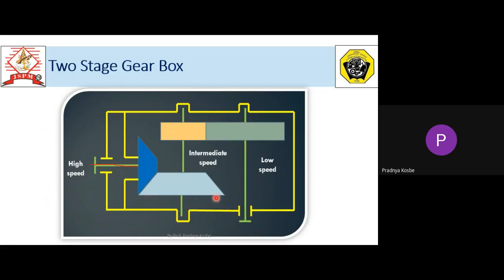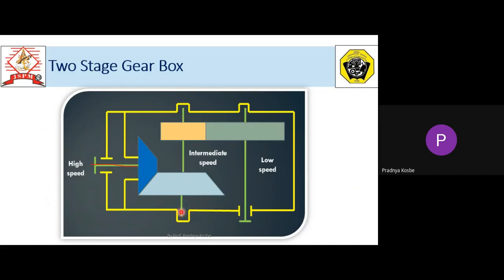It meshes with the bevel gear, and the bevel gear is mounted on the intermediate shaft, and the pinion of the second stage gear is mounted on the same shaft.